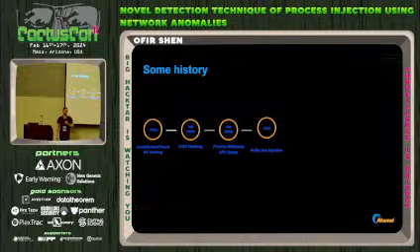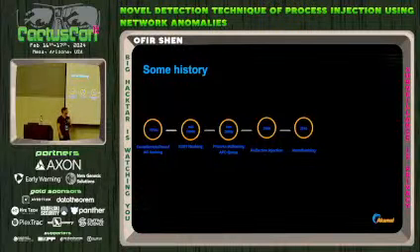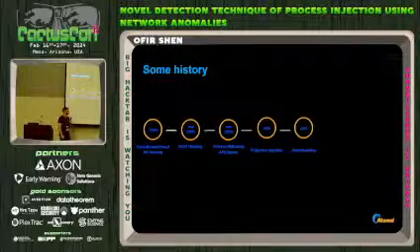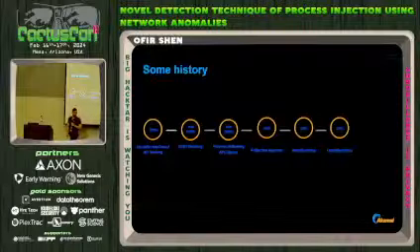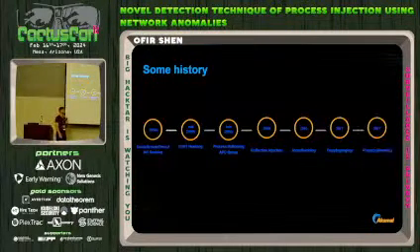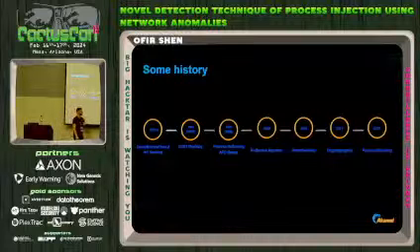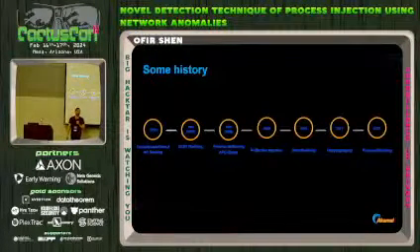After that, reflective DLL injection came out, and in 2016, we were introduced to AtomBombing at Black Hat EU, and Doppelgänging came out, which is another injection technique. Right after that, from Elastic, we were introduced to process ghosting, which we all know from dating apps.